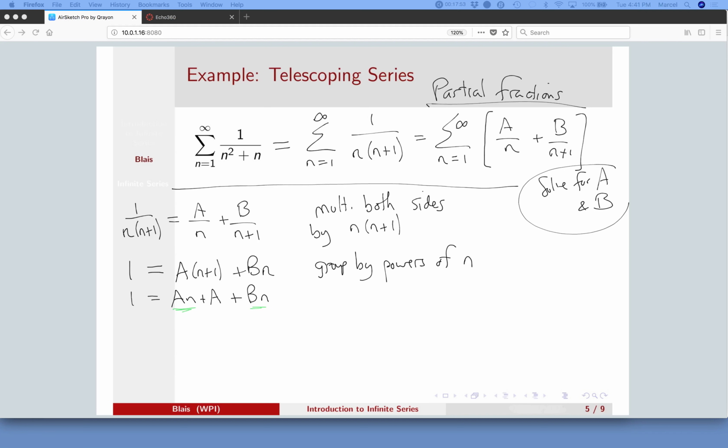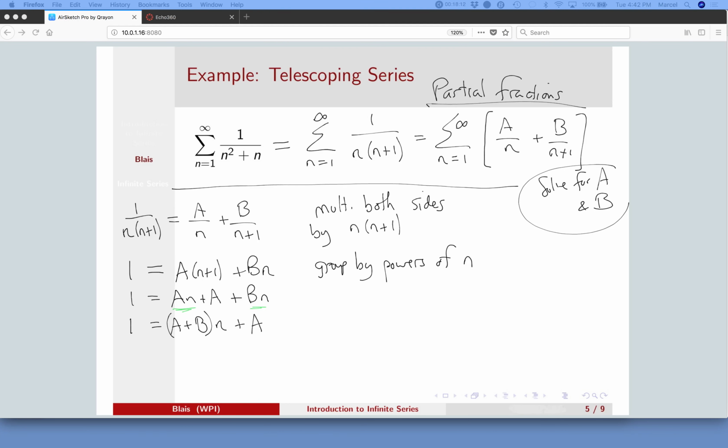So we rewrite this as 1 equals a plus b times n plus a. And we can now use this to solve for the coefficients.